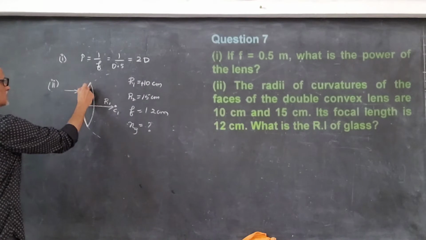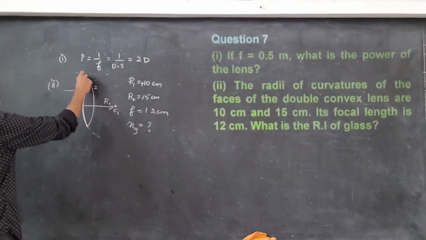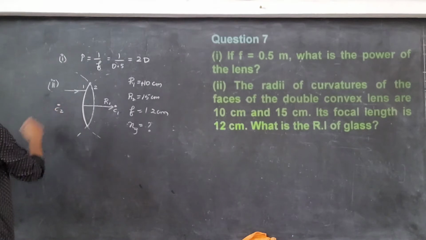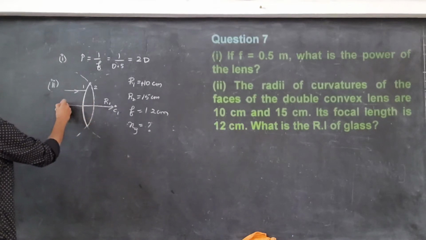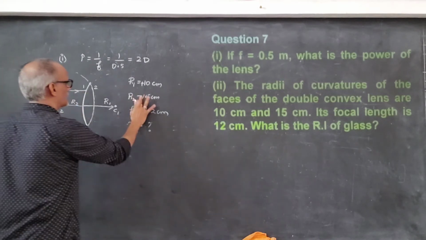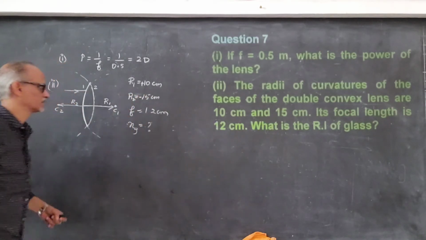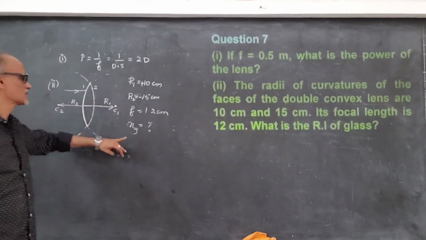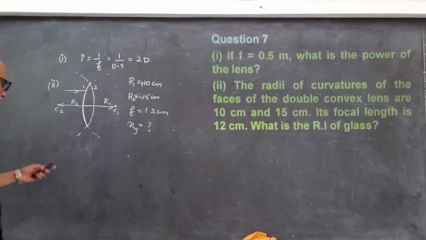This is the second surface, and if I extend it, the center of curvature will be somewhere here, C2, and this is the direction in which I have to measure the radius of curvature, R2, opposite to the incident ray. Therefore R2 is negative. So sign conventions are important, and based on this we can now find the refractive index of the glass.